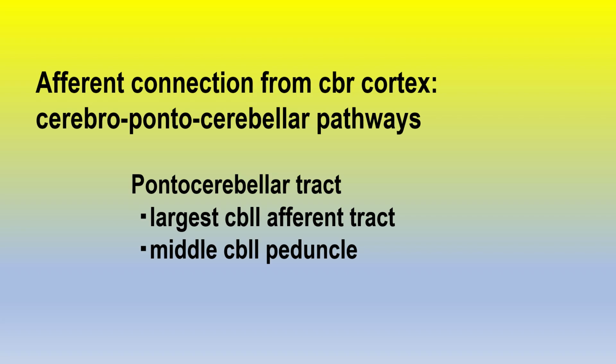Next, we'll explain the cerebro-ponto-cerebellar pathway, a system of afferent fibers projecting from the cerebral cortex to the cerebellum. The largest group of afferent fibers in humans originate in the pontine nuclei.